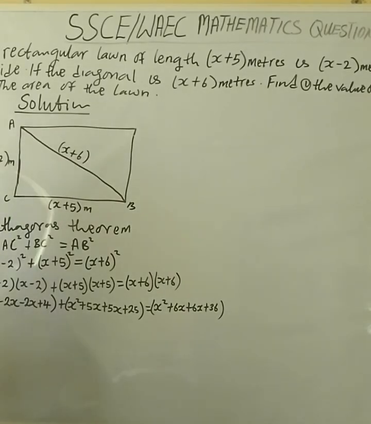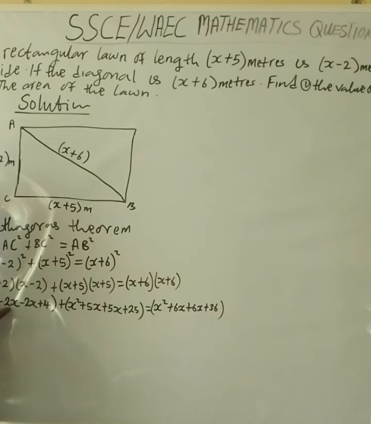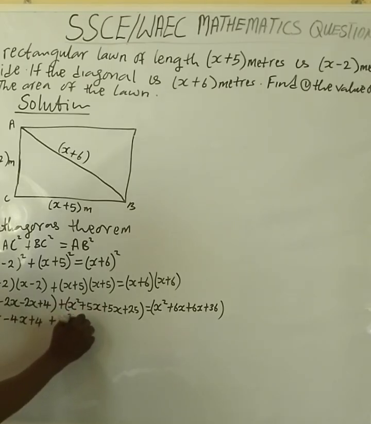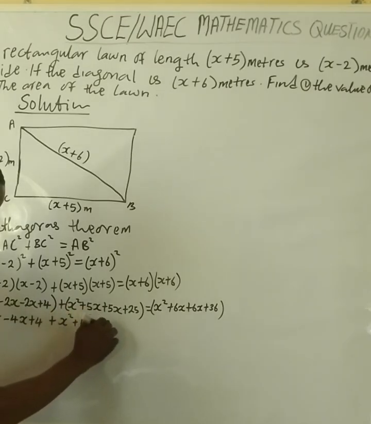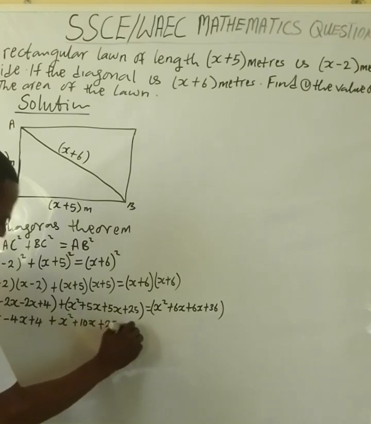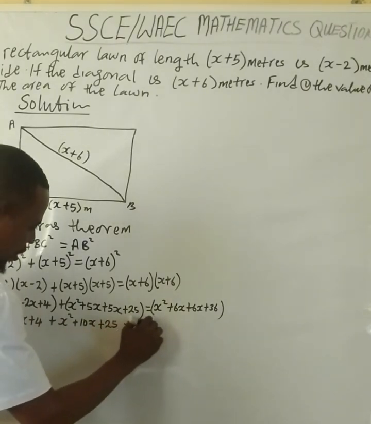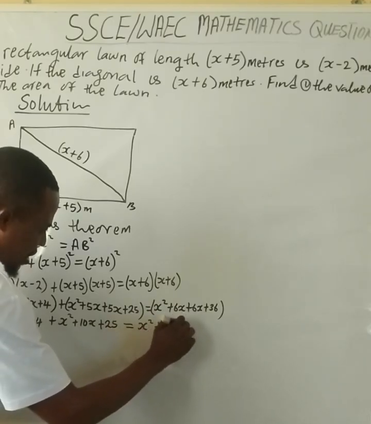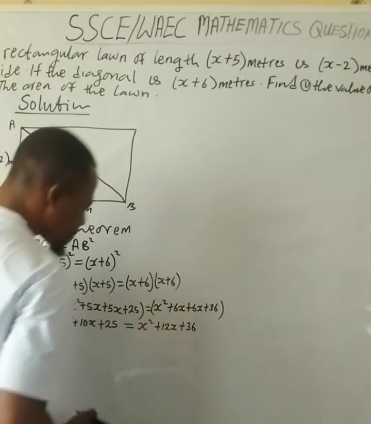Are we together now? Having done that, we now remove the bracket. So it will give us x squared, minus 2x minus 2x, which gives minus 4x, plus 4, plus x squared, plus 5x plus 5x, which is 10x, plus 25. Everything equals x squared plus 6x plus 6x, that's 12x, plus 36.